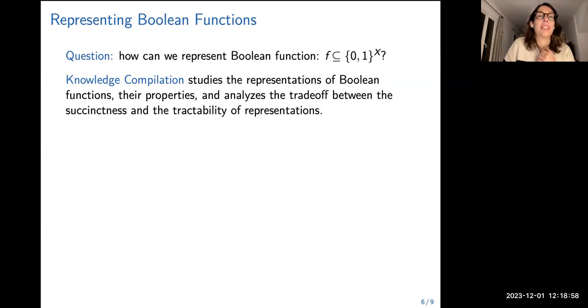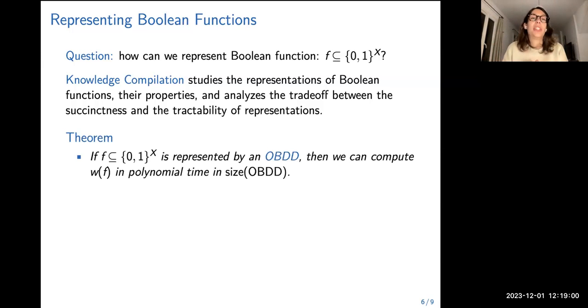For our purposes, one representation that we'll work with is OBDDs. I will not go into the definition, but these are the ordered binary decision diagrams. For those of you who haven't heard of them, at the end of the day, they're a very special type of directed acyclic graph, with a root.